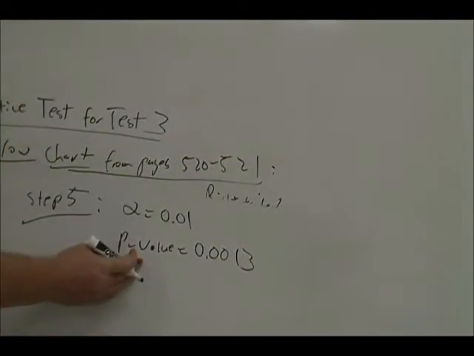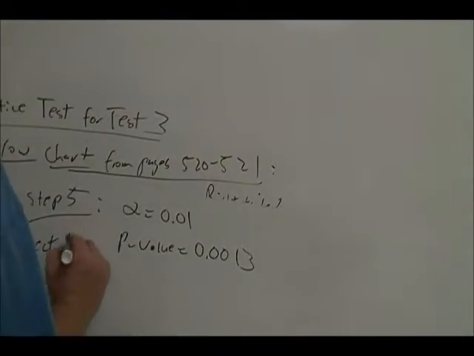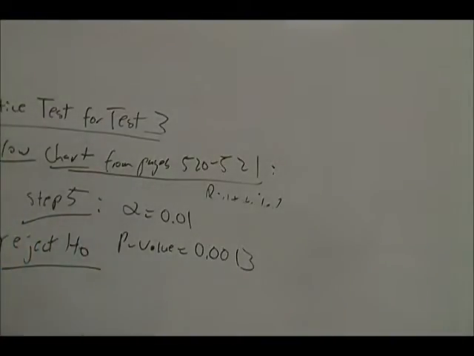Notice our p-value is smaller than our significance level in this example. So since the p-value is less than alpha, it says in step 5 that we reject H0. So this time we are rejecting H0 because the p-value is less than alpha.